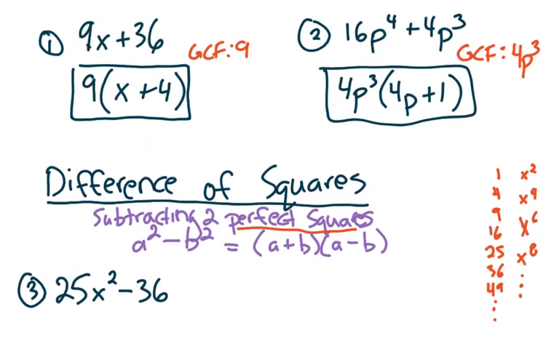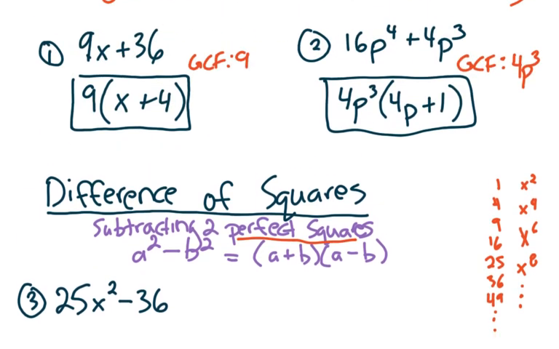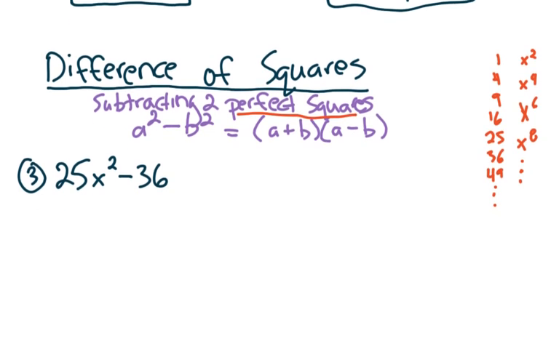So remember, our first step in factoring is our greatest common factor. There is no number besides 1 that's going to go into 25x squared and 36. So our method of factoring here has to be difference of squares because we're subtracting two perfect squares. So 25x squared is the perfect square of 5x. 36 is the perfect square of 6.